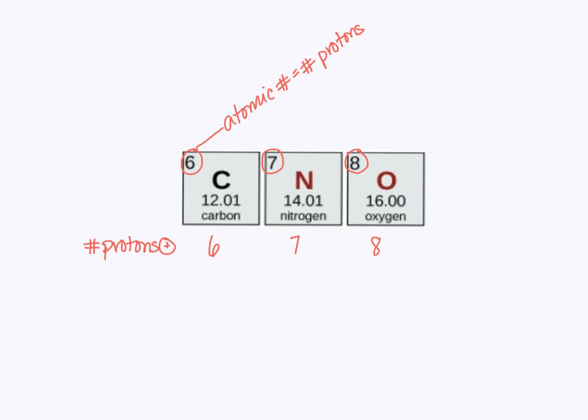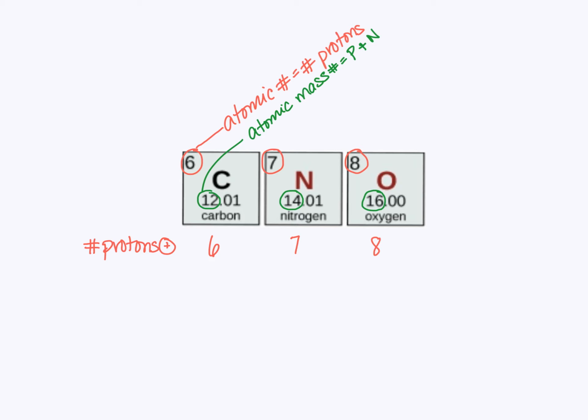So for carbon, we're going to say that the atomic mass number is 12. For nitrogen, the atomic mass number is 14. And for oxygen, the atomic mass number is 16. And the atomic mass number is just equal to the number of protons plus the number of neutrons.